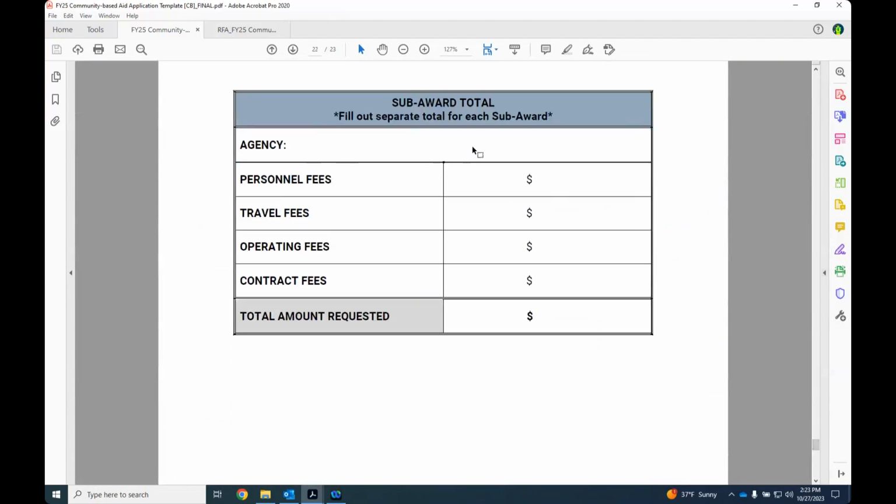Again, you need to fill out the agency, and each of these columns, each of these categories, the total for the total amount requested, again, that needs to match back to the subaward table, and then those will be added and totaled to match the budget summary table, the first page of the budget.